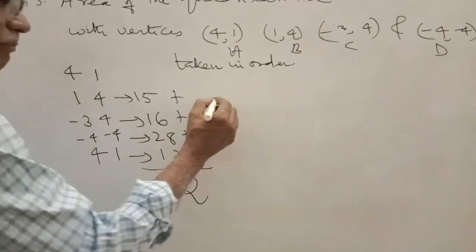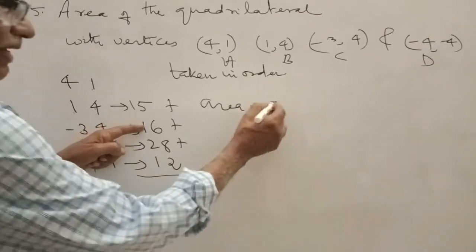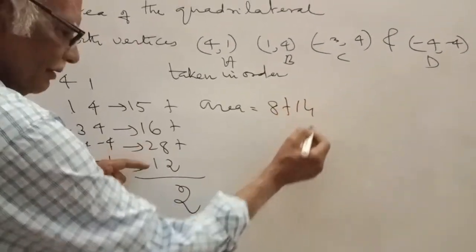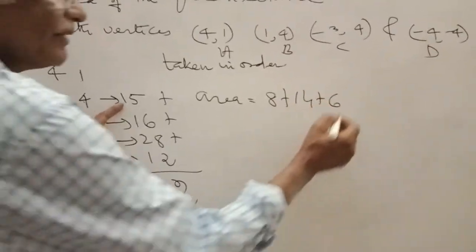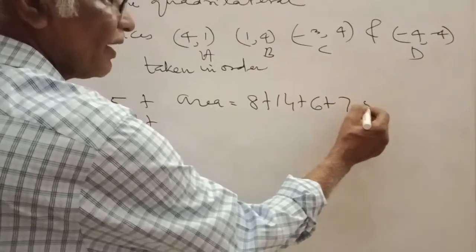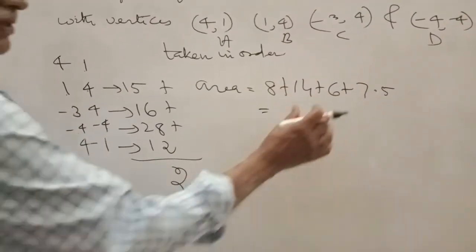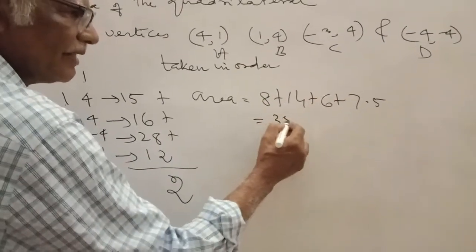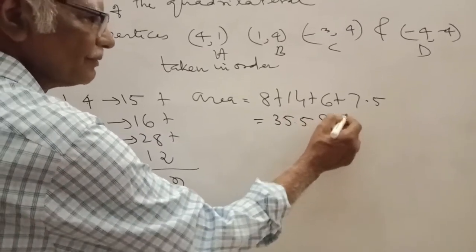So area will be half of 16 is 8, plus half of 28 is 14, plus half of 12 is 6, plus 7.5, half of 15. And you see the answer comes 20, 28 plus 7, 35.5 square units.